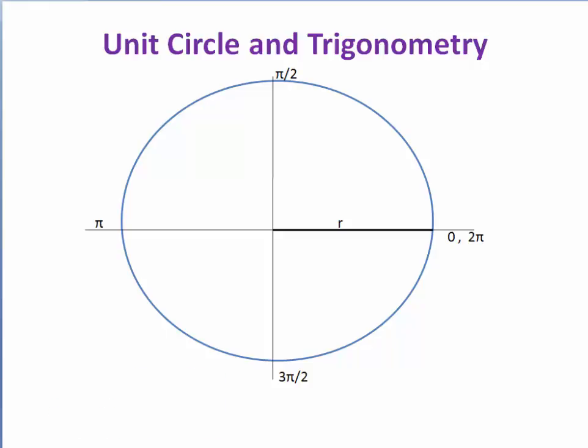Okay, so in radians, a full circle is 2 pi. We go from 0 anti-clockwise all around. 360 degrees is 2 pi. So half of 2 pi is pi. So 180 degrees is pi radians. Sorry, not degrees, radians. So we're talking in radians now.